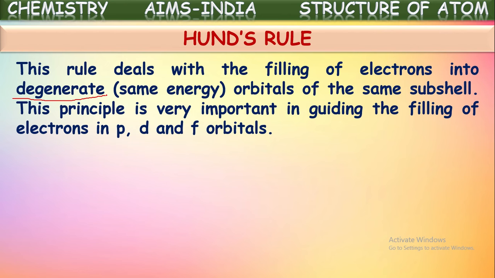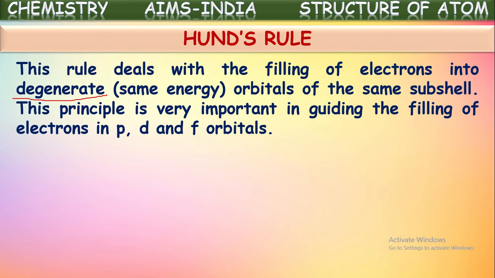In other words, orbitals with the same n plus l value are called degenerate orbitals. The orbitals present in the same subshell have the same energy as well as the same n plus l value.